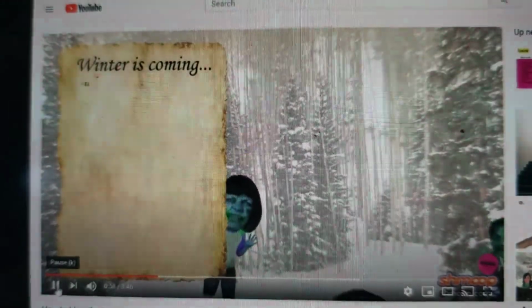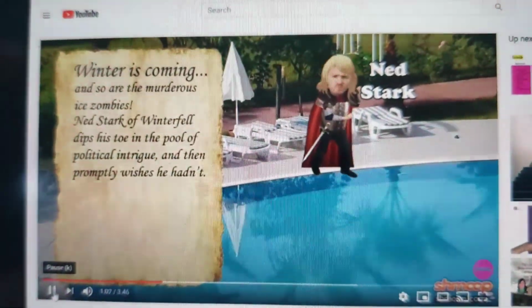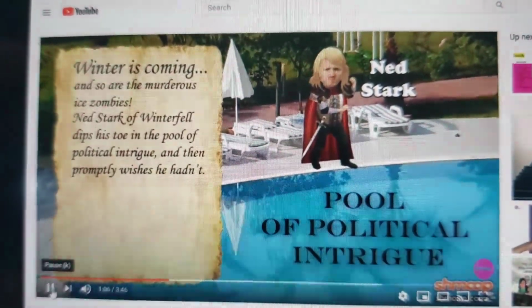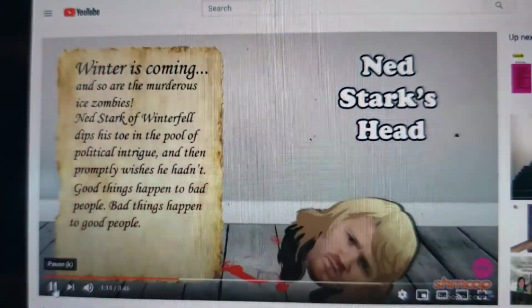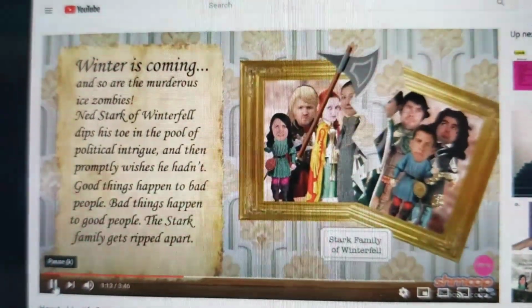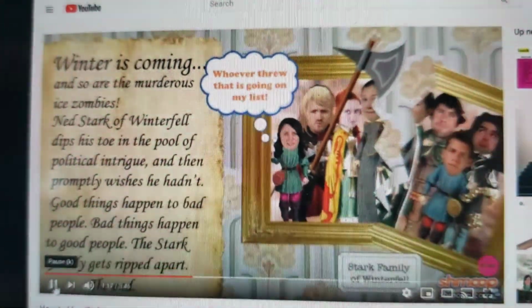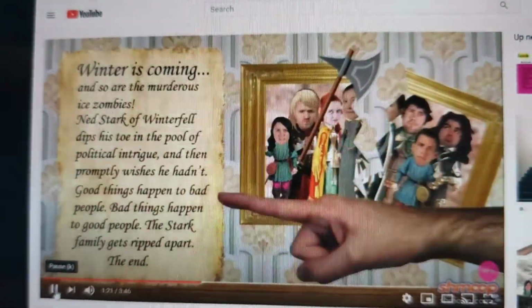Winter is coming, and so are the murderous ice zombies. Ned Stark of Winterfell dips his toe in the pool of political intrigue and then promptly wishes he hadn't. Good things happen to bad people, bad things happen to good people, and the Stark family gets ripped apart. The end. Now, obviously, a summary essay will consist of more than this, but note how all we're doing here is retelling the story in our own pithy words.